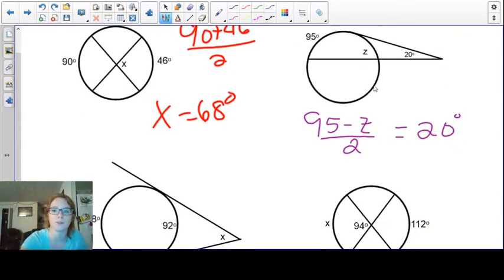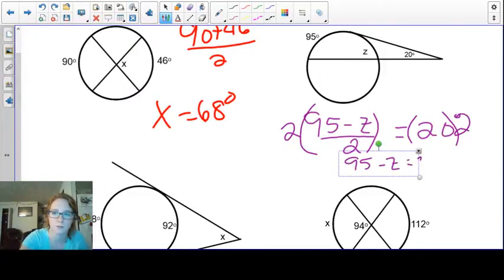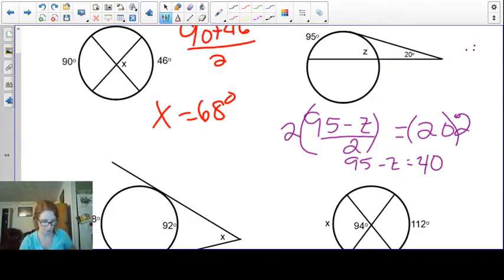So what I'm going to do first is I'm going to get rid of this division of 2 by multiplying. So I got 95 minus z is equal to 40. Subtract 95 and then divide by -1. Z is 55 degrees.